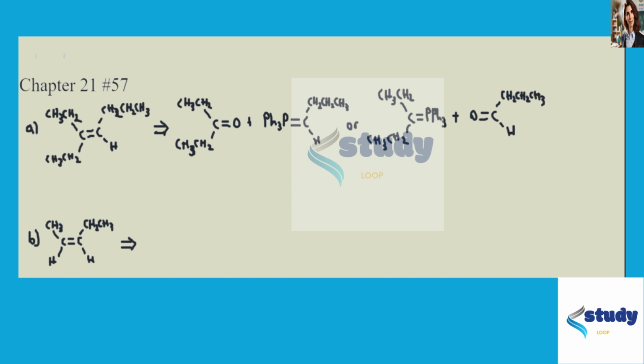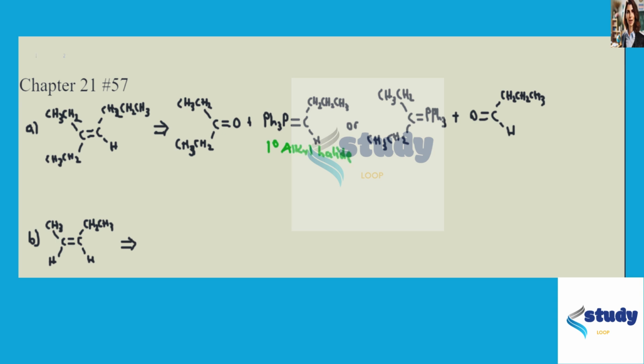In terms of which of these is preferred, the first, the way that we did it the first time for A, we would be making the Wittig from a primary alkyl halide precursor, whereas the way that we split it the second way, we would be making the Wittig out of a secondary alkyl halide.